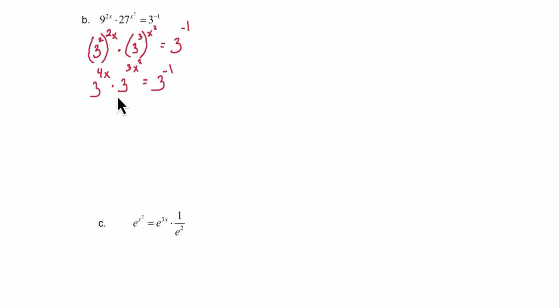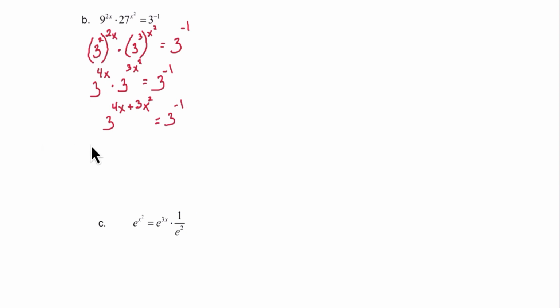Now, a different exponent rule, we have bases that are being multiplied. Whenever you have bases that are the same base and we're multiplying the bases, we can add the exponents. So we have 3 to the 4x plus 3x squared equals 3 to the negative 1.